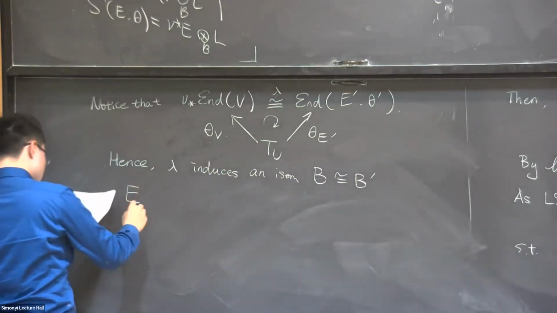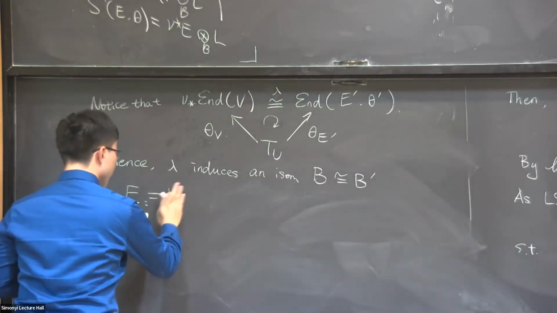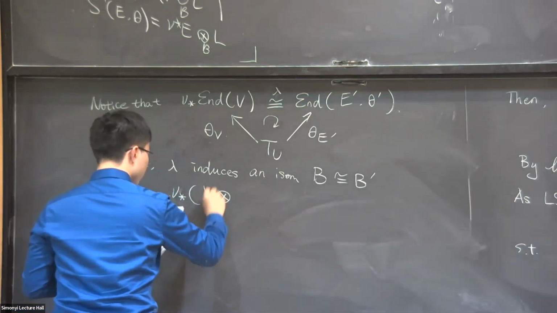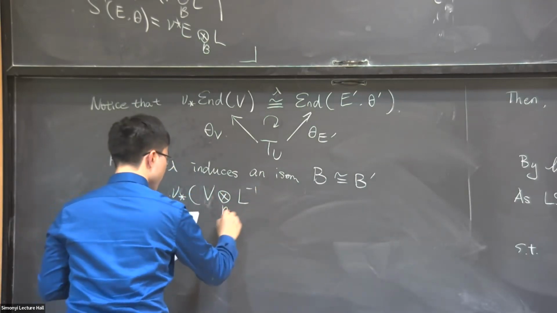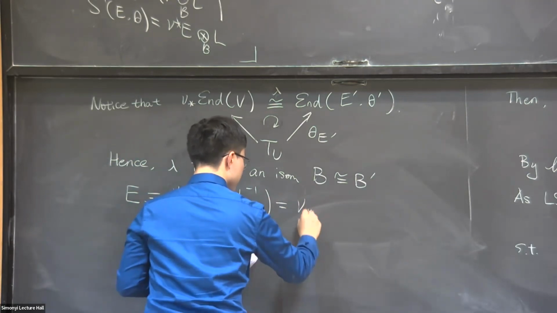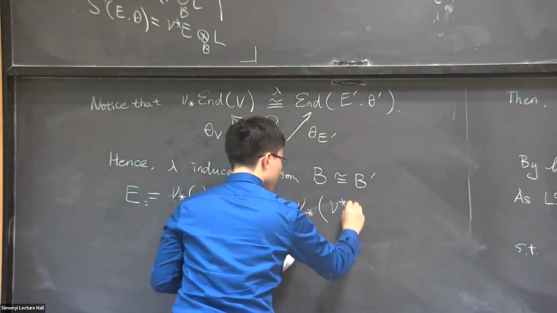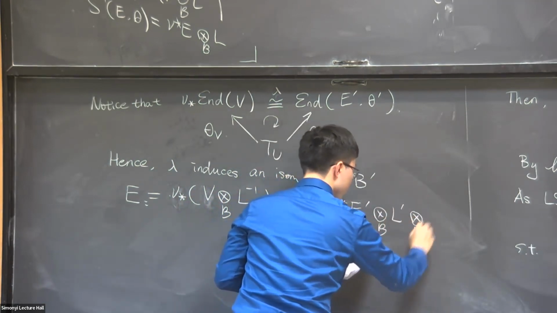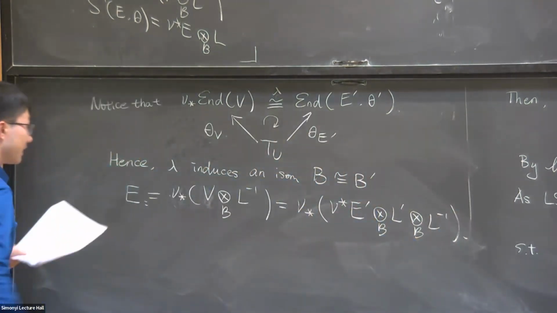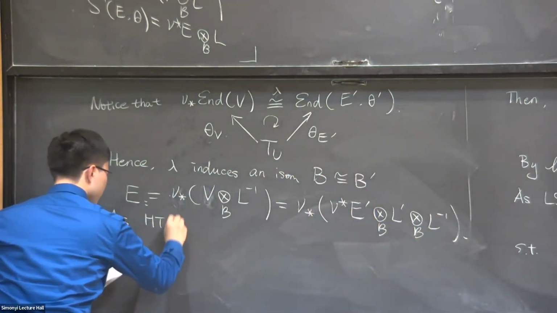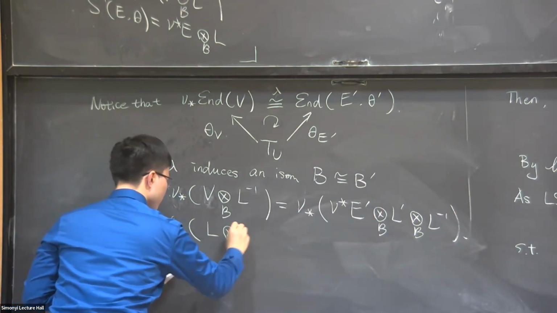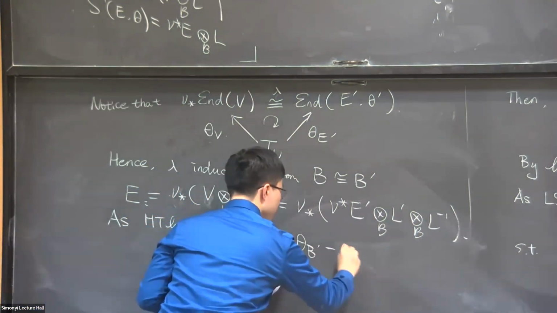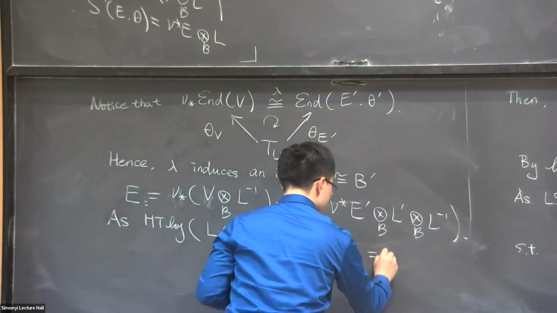So we have E is the pullback of the pushforward of V twisted by L inverse, which is just the pullback of L prime hat over B, this one, okay? Notice that the HT log image of this twisting is equal to theta B prime minus theta B, but B is equal to B prime, so this is equal to 0.